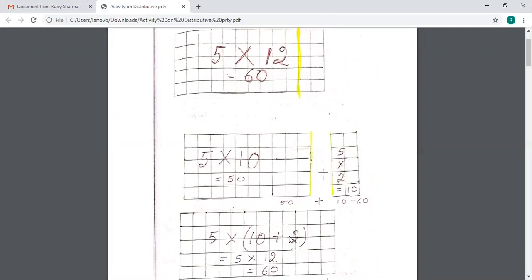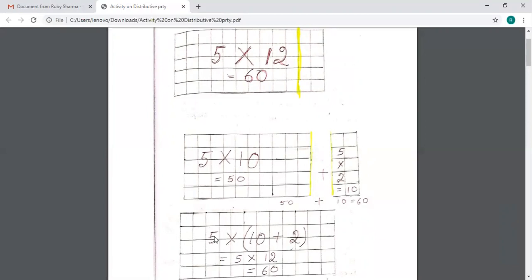So where is the distributive property here? That 5 into 10 plus 2 is equal to 5 into 10 plus 5 into 2. So that means what? This factor 5, why I'm saying factor 5, because when we multiply two numbers, each is a factor of the product, isn't it?